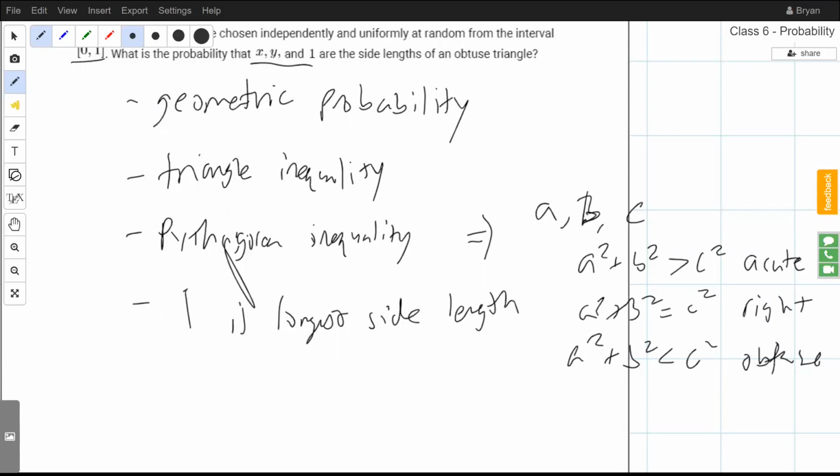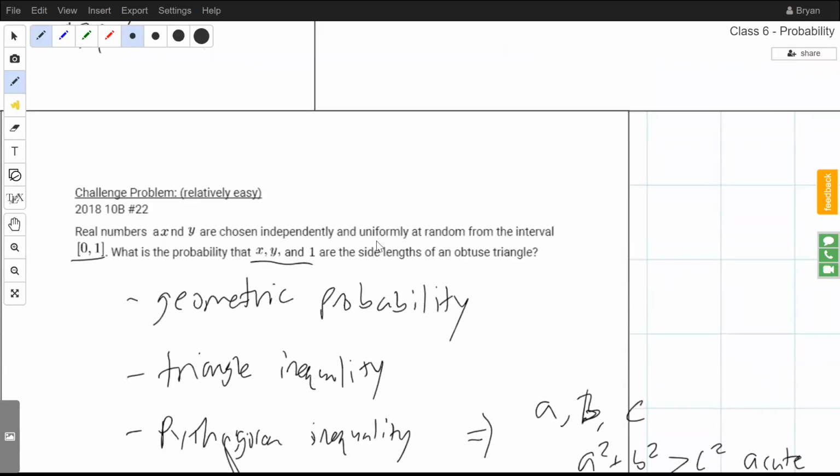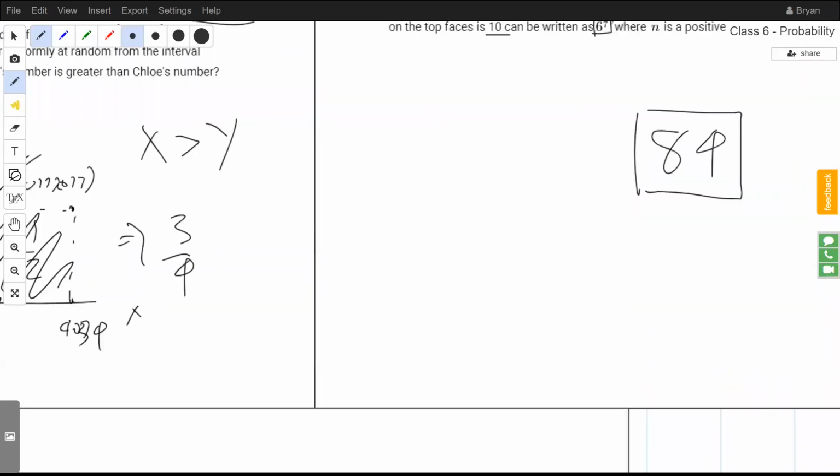Well, I've gotten a lot of answers. If you're trying to answer a challenge problem, no one has the right answer so far. I think we're ending in a few minutes. I'm not going to go further. But yes, 84 is the correct answer for this problem, if you're wondering.